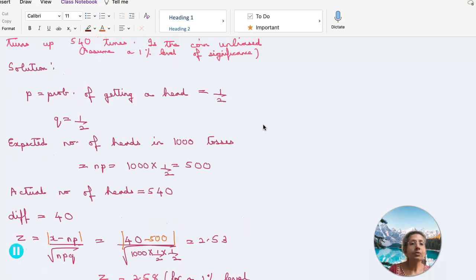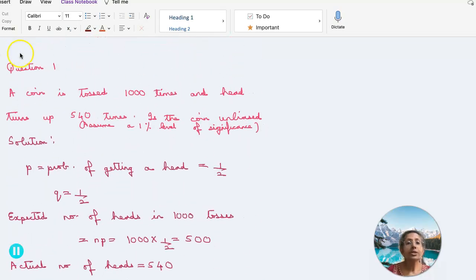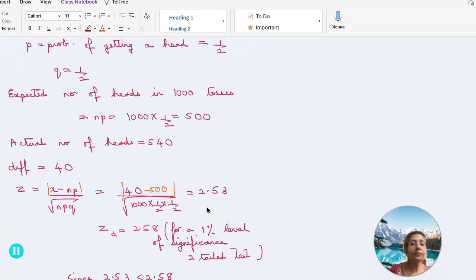So coming to the first problem, a coin is tossed 1000 times and head turns up 540 times. Is the coin unbiased? Let p be the probability of getting a head. p is half, q is also half. The expected number of heads in 1000 tosses will be np, that is 1000 into half, which is 500.